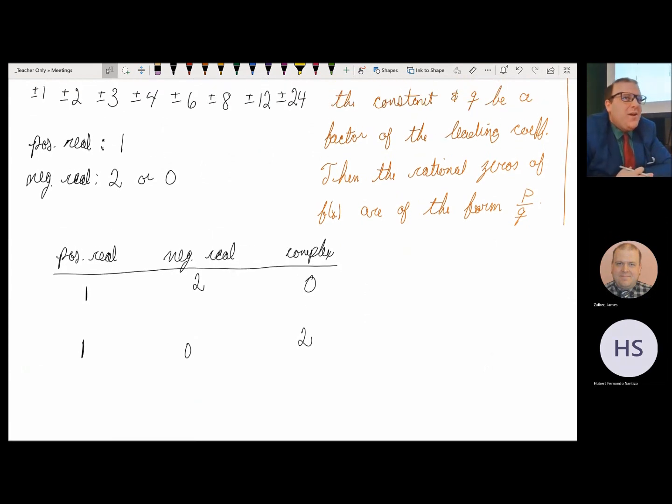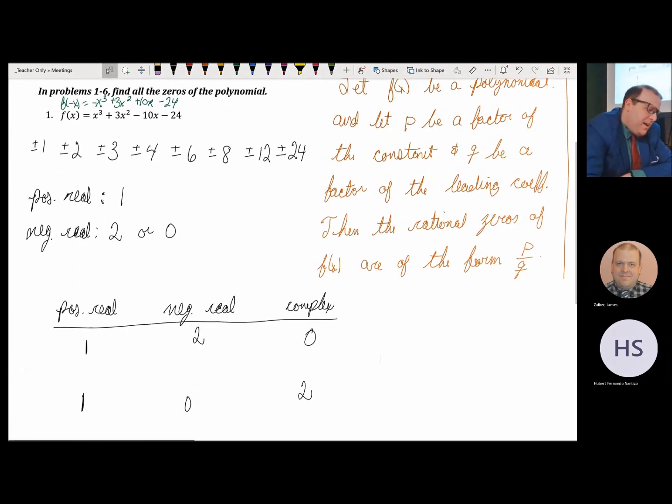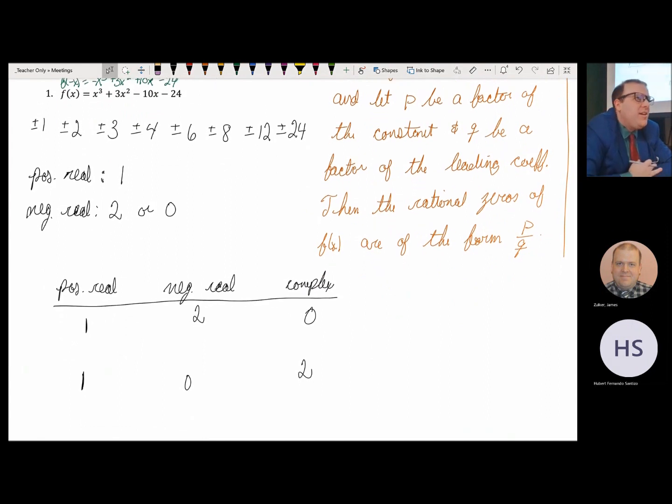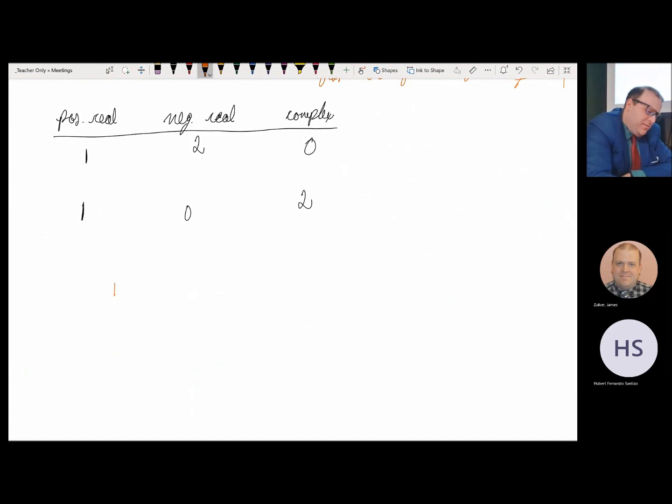I personally have a system. I always start with 1 because that's the easiest to work with, and then I work my way up from there. Coefficients of our polynomial, right? 1, 3, -10, -24. I'm going to write those out.